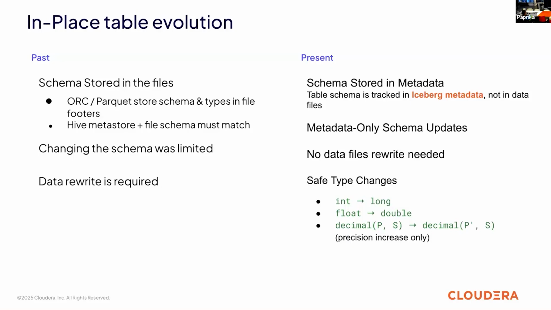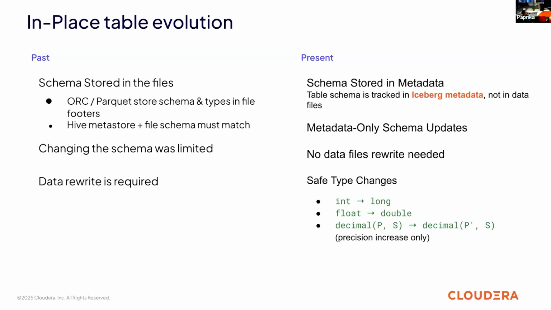Why? Because with ORC and Parquet, the schema actually belongs to the file. In that case, when you change the schema, you need to rewrite the files. And just imagine you have 5 petabytes of data, and rewriting the files in one transaction is painful, it is hard, and could be fragile in some circumstances. It is not as good.